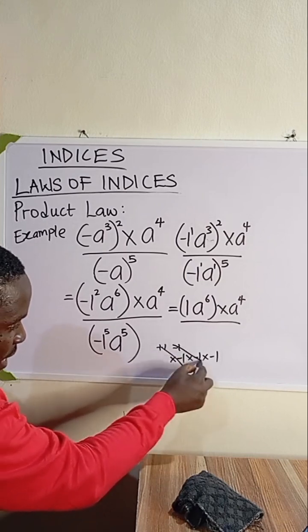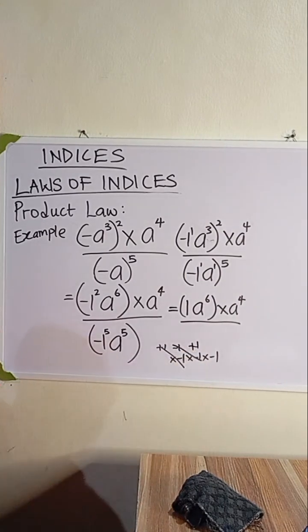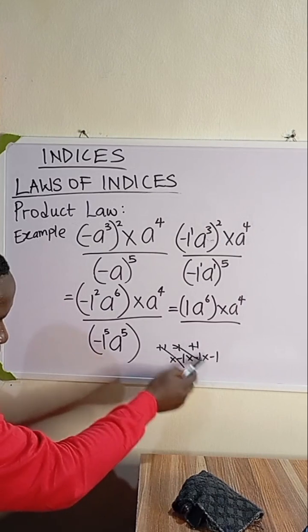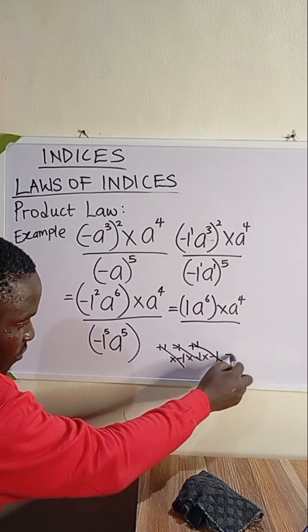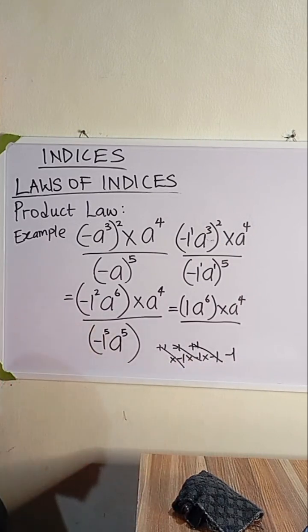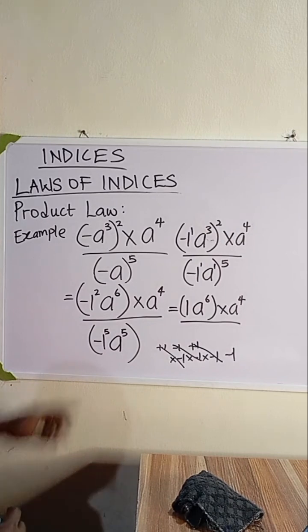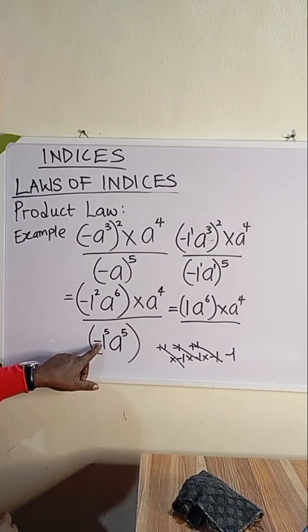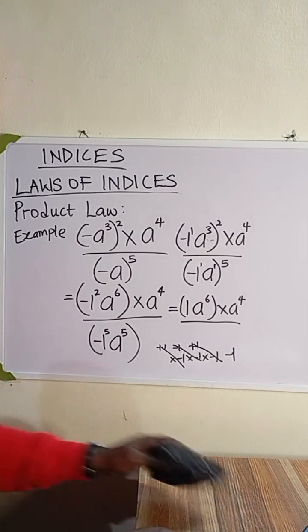Okay, so that means here we are going to have minus 1. So this will be minus 1 a to the power of 5.